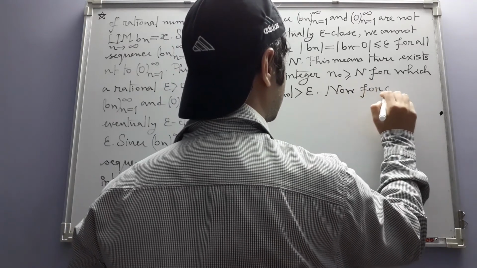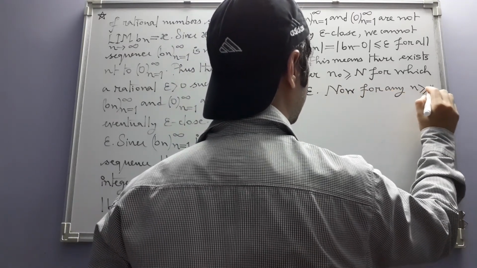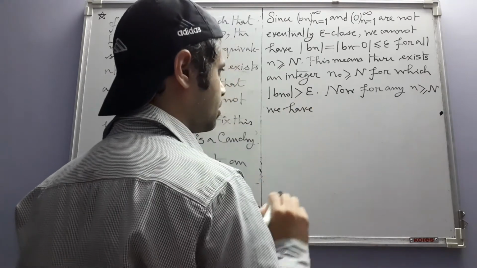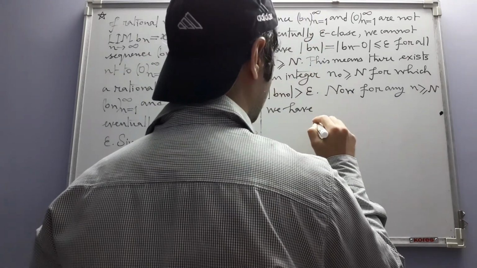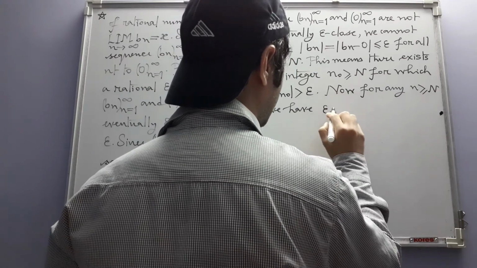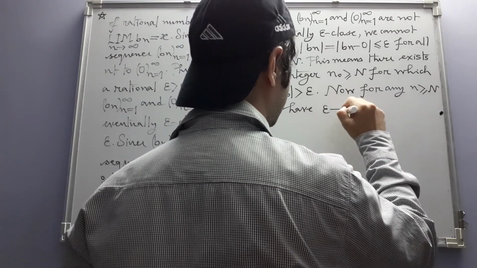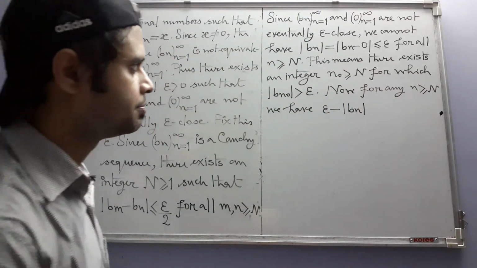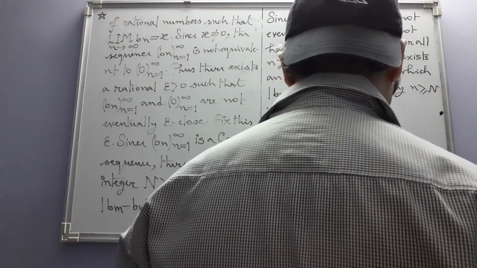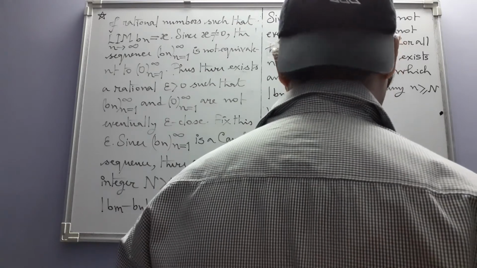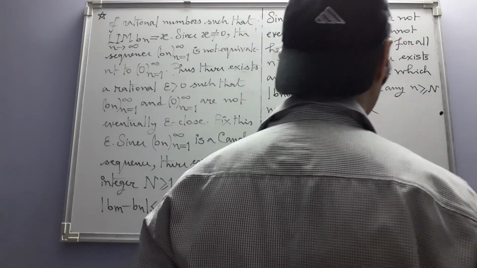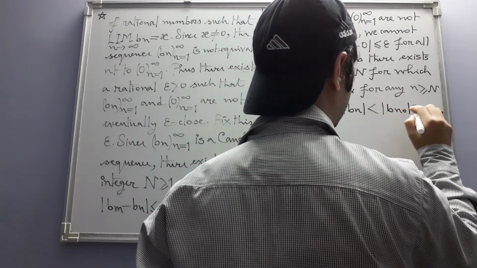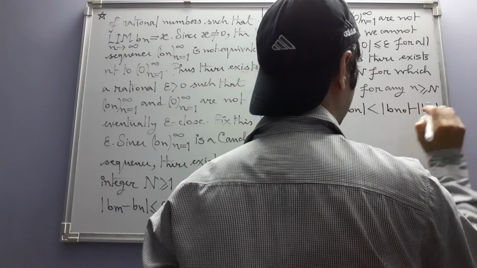Now for any integer n greater than or equal to N, we have, now watch this calculation, epsilon minus absolute value of Bn is less than this.